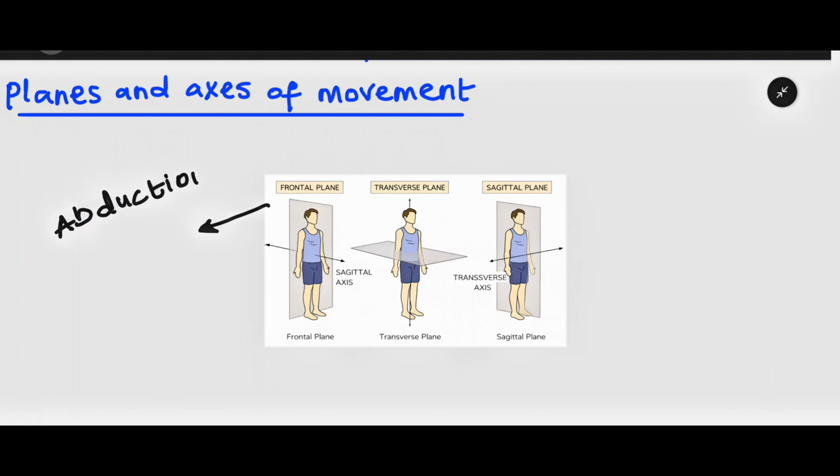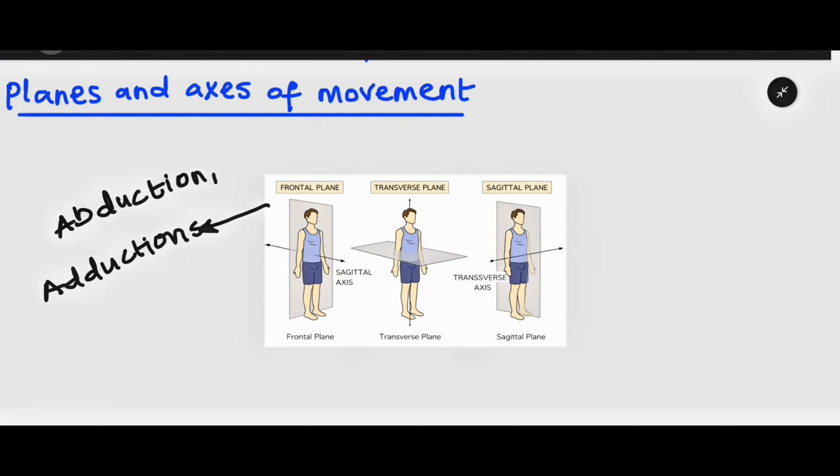These are things like a cartwheel, a side flip, walking or running sideways, like shuffling sideways, sidestepping, movements like that happen around the frontal plane and about the sagittal axis.